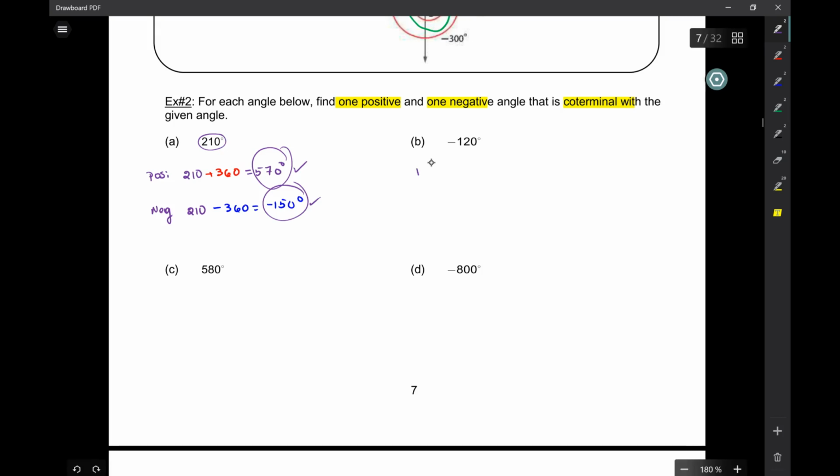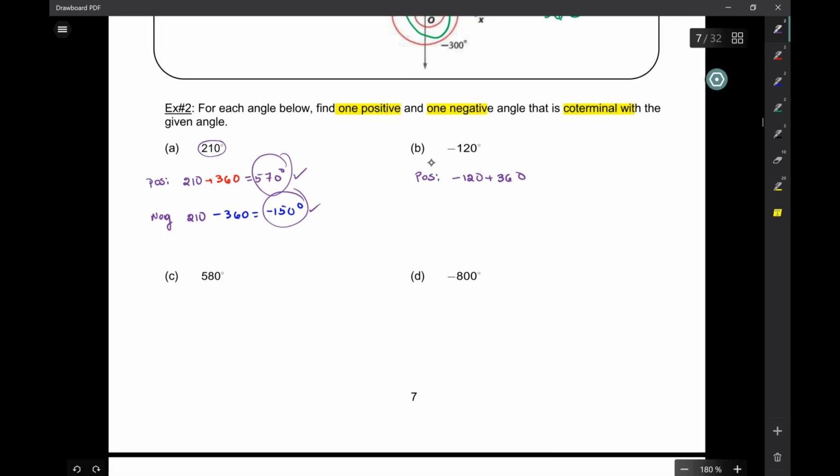Now I have a negative 120. How do I get a positive? Well, from the negative 120, if I subtract, that'll give me a negative number, so that won't do. So what I do is I take negative 120 and add 360, and that gives me 240 degrees.